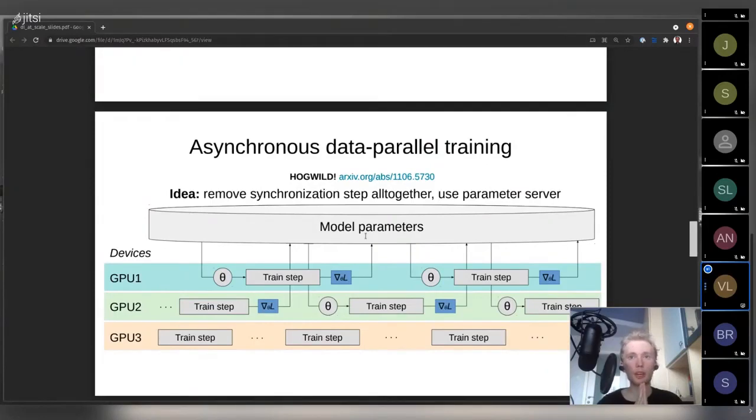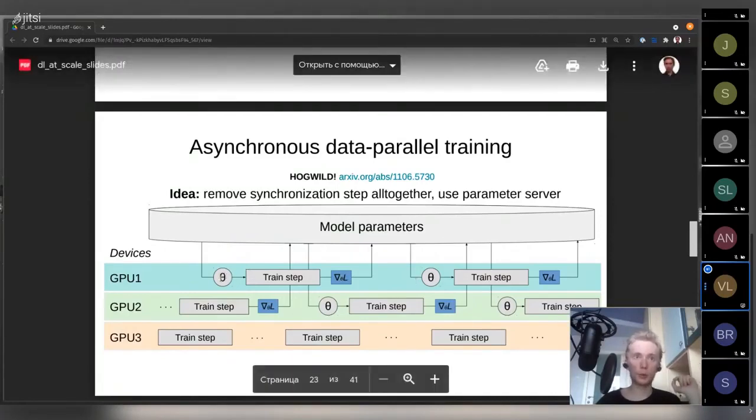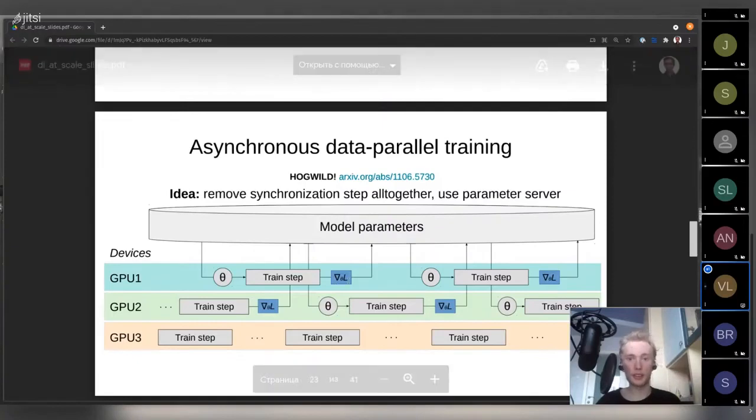So no information is fully discarded here, because we have a guarantee that every computation is novel. This step never gets the same parameters as an input, and every computation is added to the model parameters.